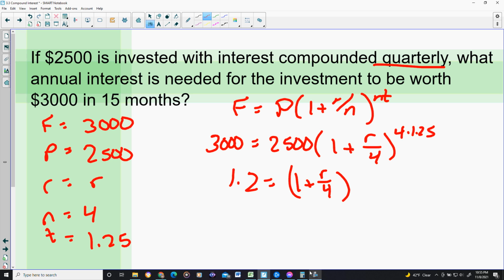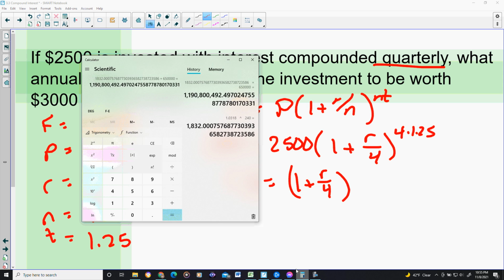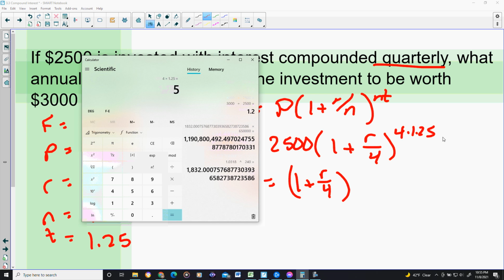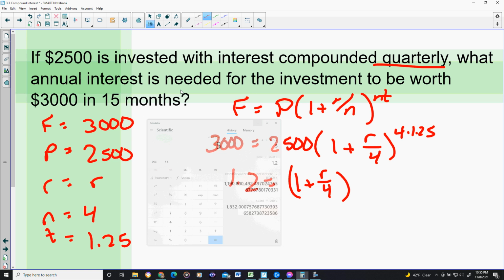Okay, so let me just double check that. So 3,000 divided by 2,500, yep, 1.2. Okay, now 4 times 1.25, you might know that is 5, which makes sense because 15 months is 5 quarters. 3 months is a quarter, so that's going to be 5 quarters. So 5 interest-bearing periods.